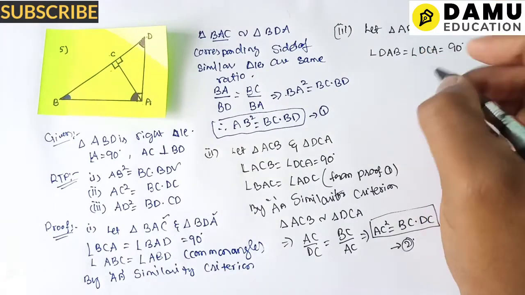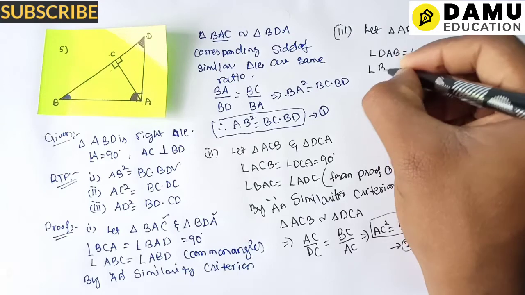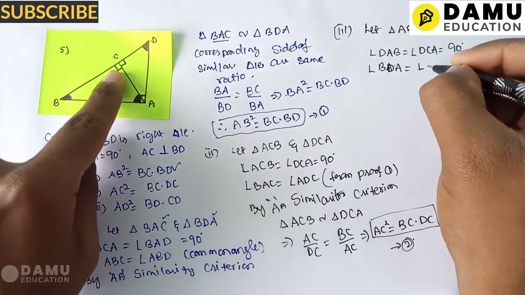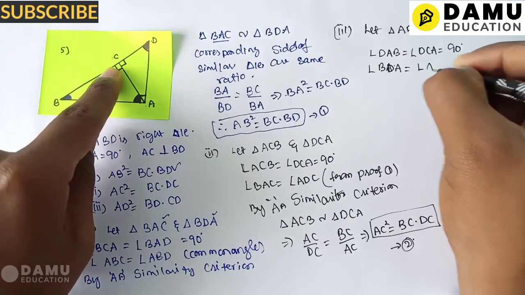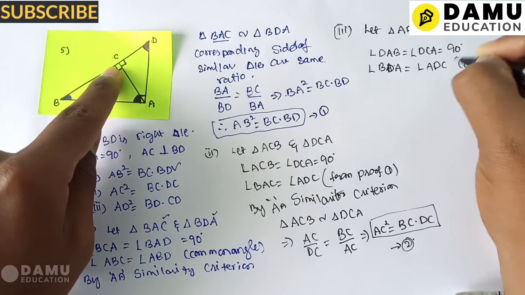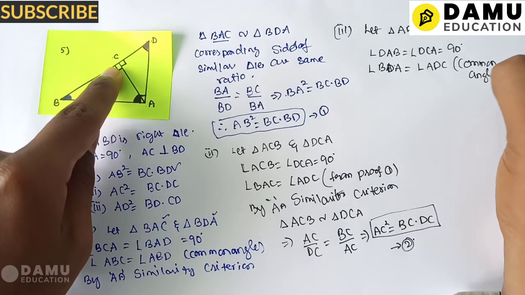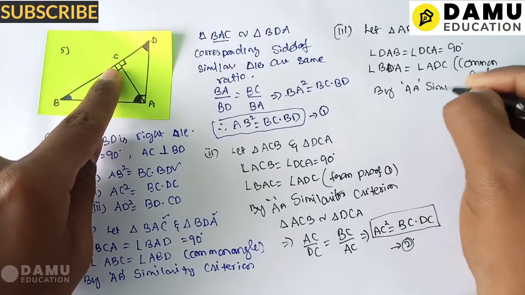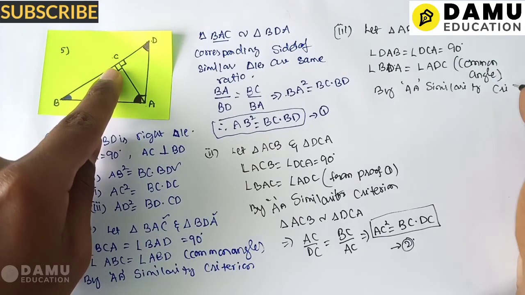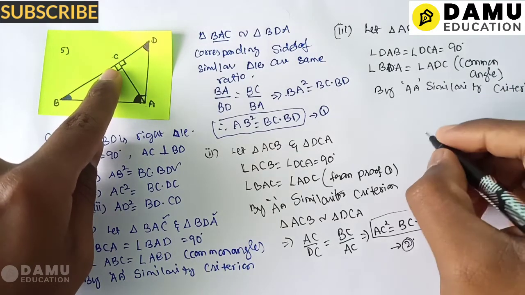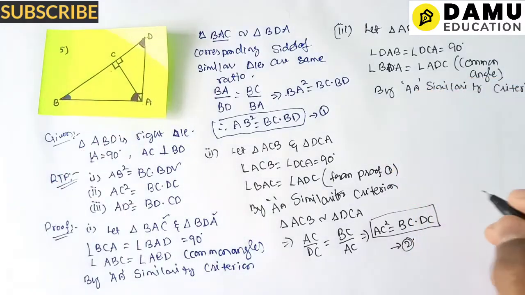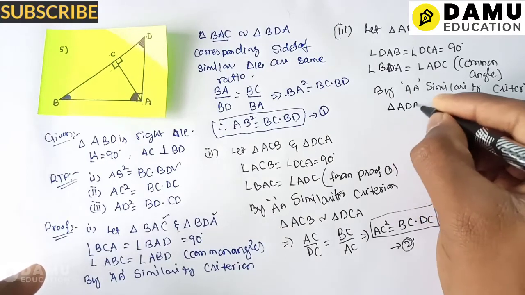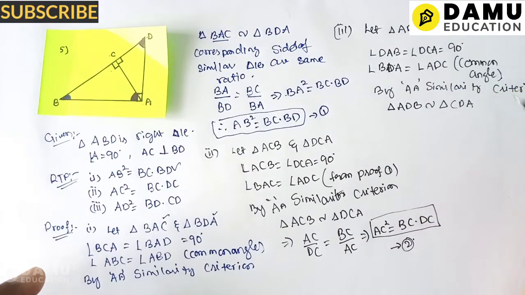And one more thing, there is a common angle: angle BDA is equal to angle ADC. So by using the AA similarity criterion, the ratio of the corresponding sides will be equal to each other. So triangle ADB is similar to triangle CDA.